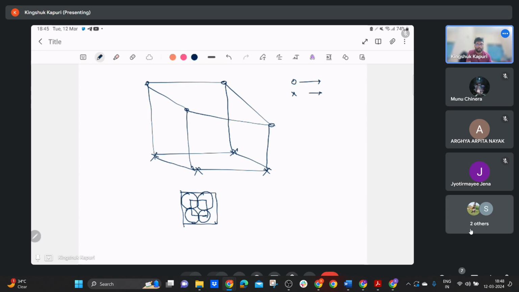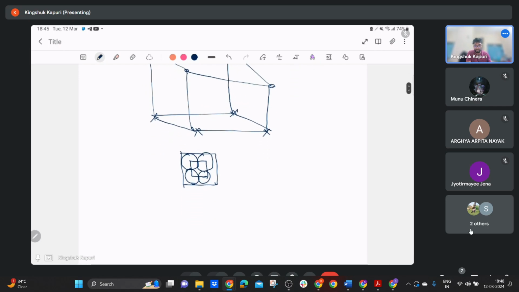And they vibrate in every possible direction.